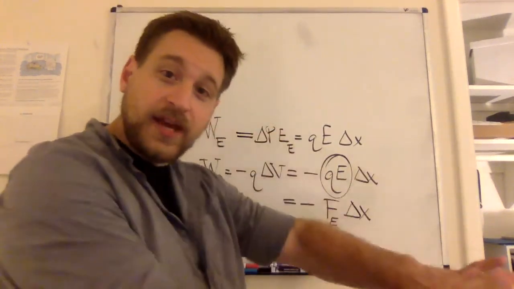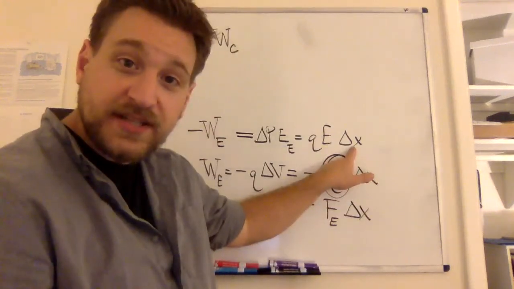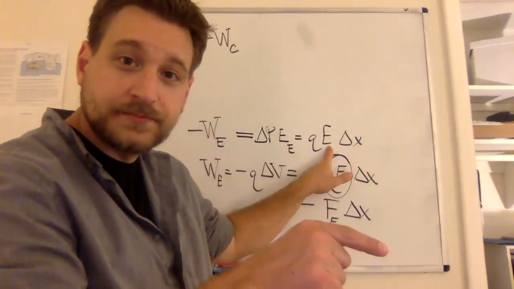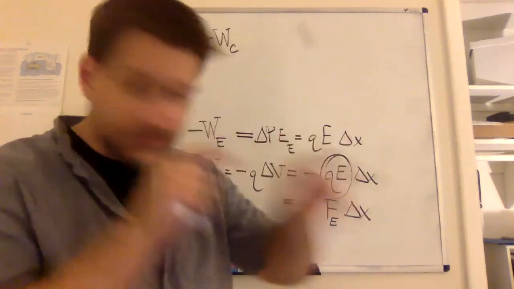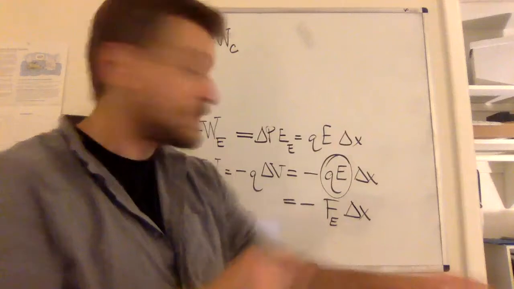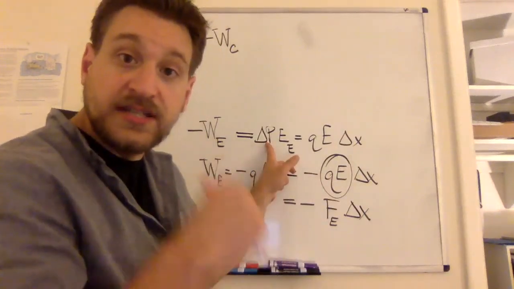As it's moving away, the displacement and the electric field are parallel. The electric field points away, and so does the displacement, because that's the way it's going. But we need the potential energy to decrease.